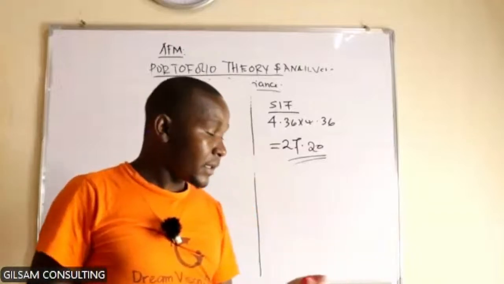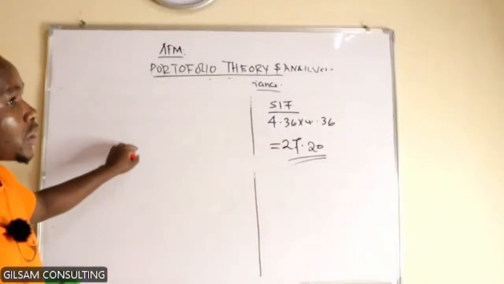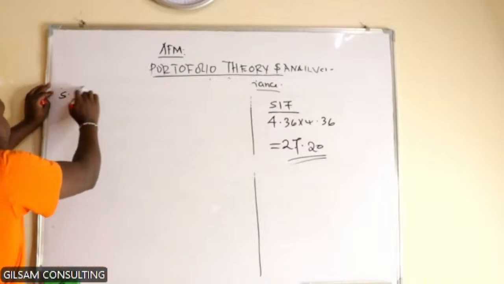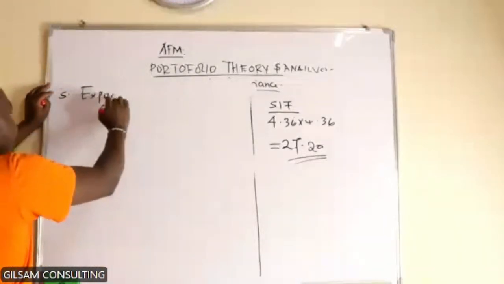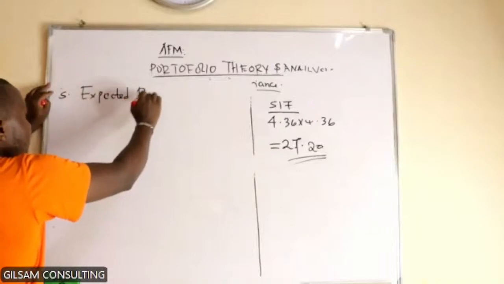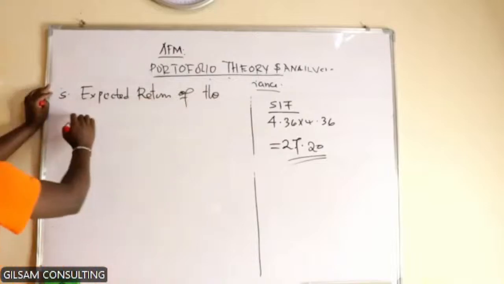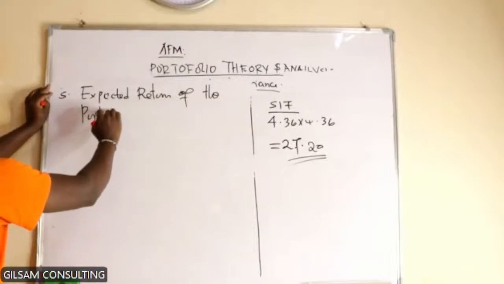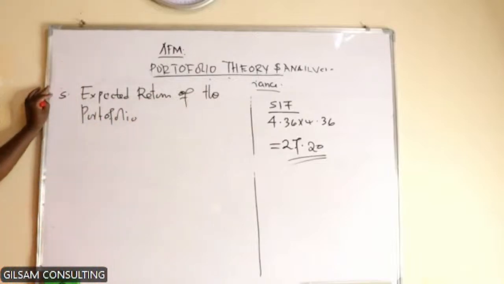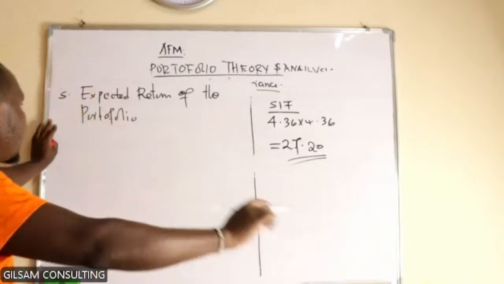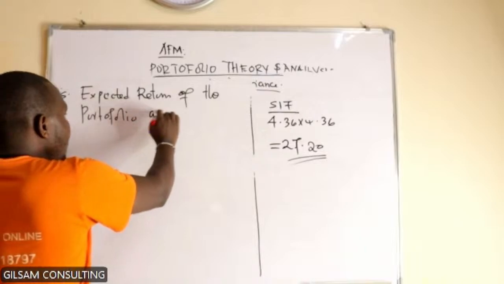What number was that? 1, 2. Now that one is the standard deviation. Number 5 is the standard deviation of the portfolio. Roman 2 is the portfolio. Assuming the weight of X, standard deviation, then expected return.